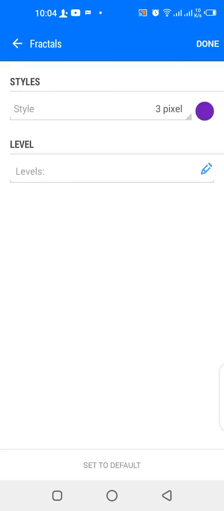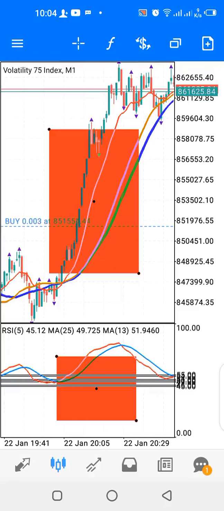Fractals, of course, is for identifying the point of price rejection. If the fractal arrow points upward, that means price has hit a point of resistance and it may fall. And if the fractal arrow is pointing downward, that means price has hit a point of support and it may go up. Okay, let's go to the main chart.